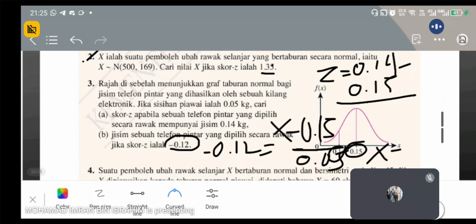We get X equal to, actually they are asking this jisim is actually X, right at this point.